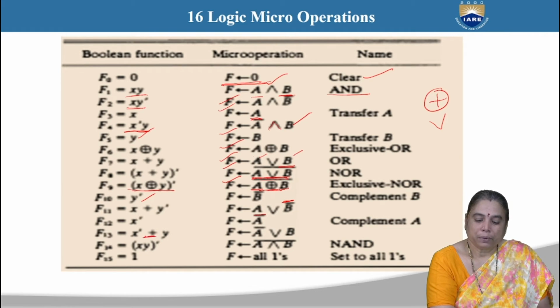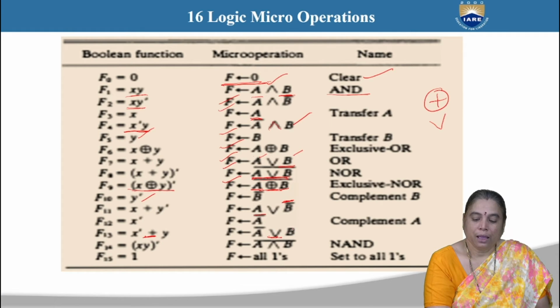To represent the plus operation, we have to use the OR logical operation here, and the complement of the first register can be ORed with the second register B. The result can be stored or moved to the F. So this is the RTL representation of this micro operation.